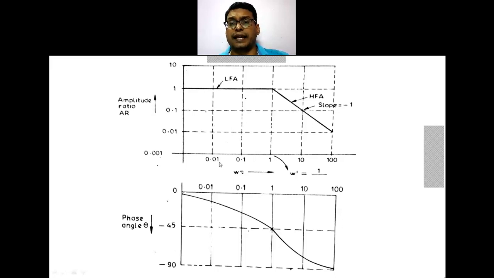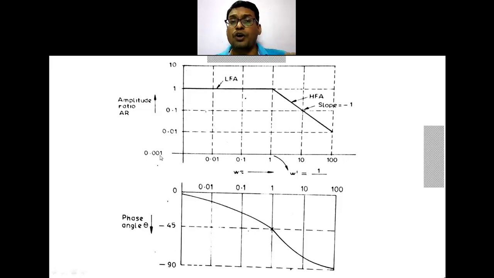Similarly on the x-axis also the value is 1, then on the right hand side it's 10, 100, 1000, 10,000, and so on. However, on the left, less than 1, it is 0.1, 0.01, 0.001.